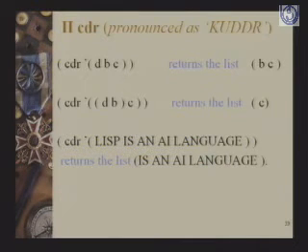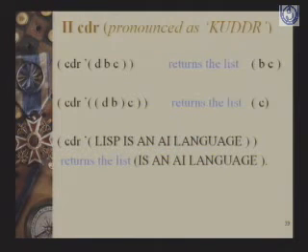The first element of the given list may be a symbol, a number, or a list, but whatever it is, the whole of it is taken as the first element. In the case of car it is returned as such, and in the case of CDR it is dropped. So friends, CDR of the quoted list in which there are two elements, the first element is the list DB and the second element is C, and the first element is to be dropped in the CDR operation. Therefore we will be left with the list C.